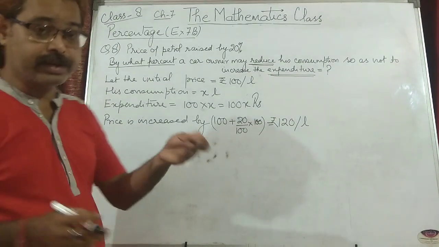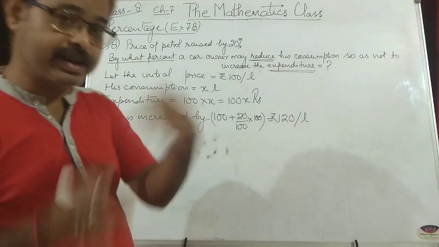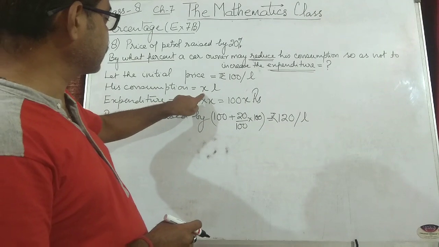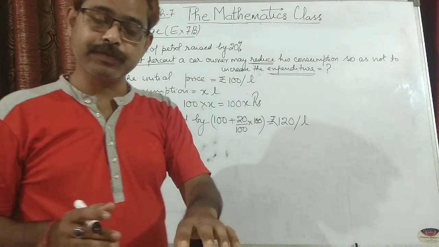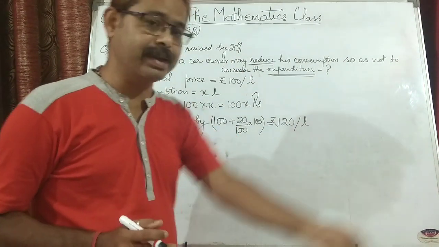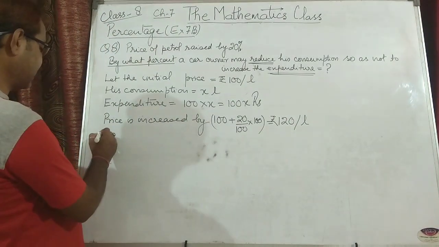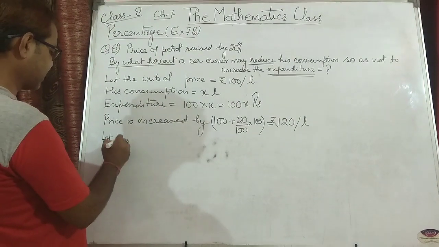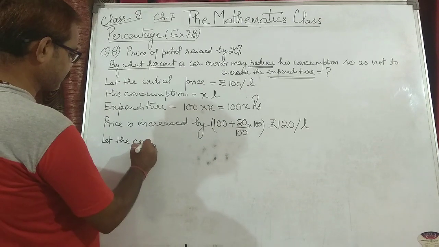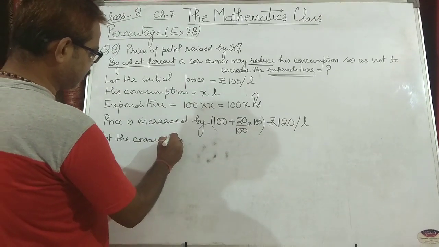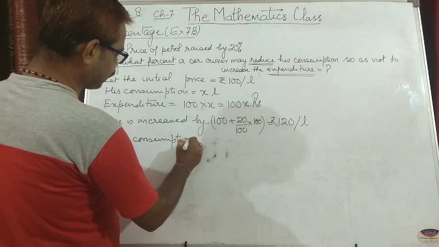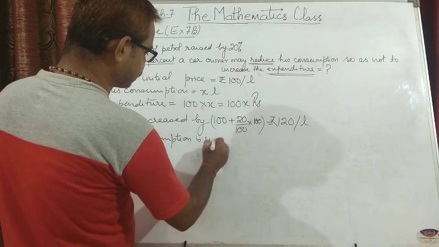Now he has to decrease his consumption. His consumption was X, so now the consumption will be something else. So we assume the consumption is Y liters.